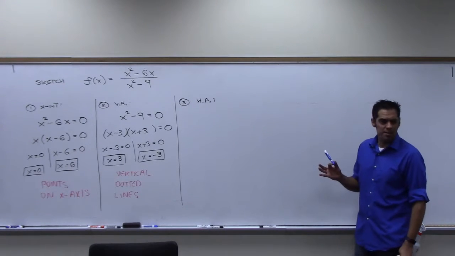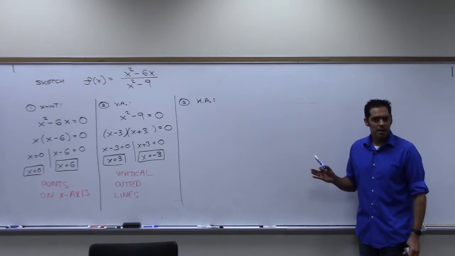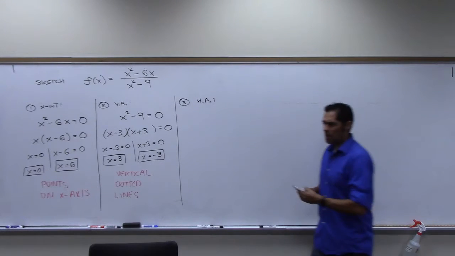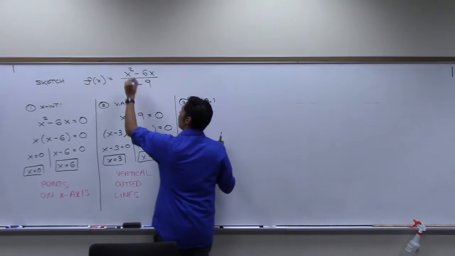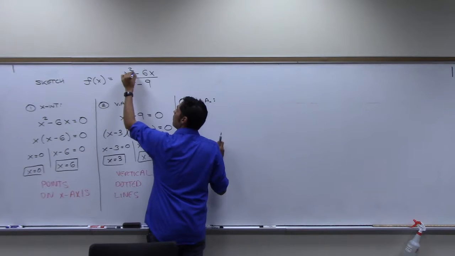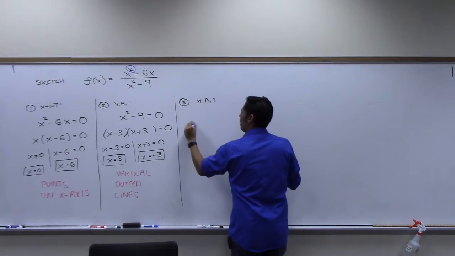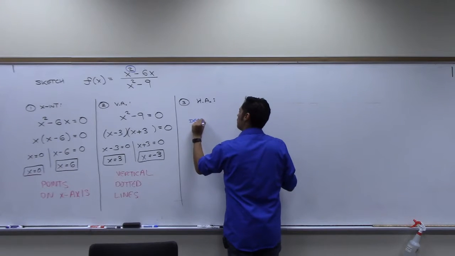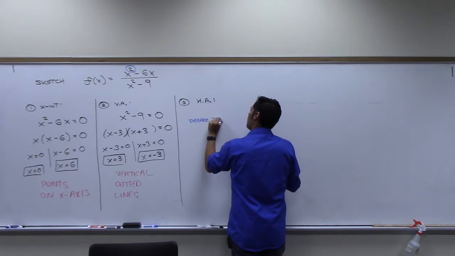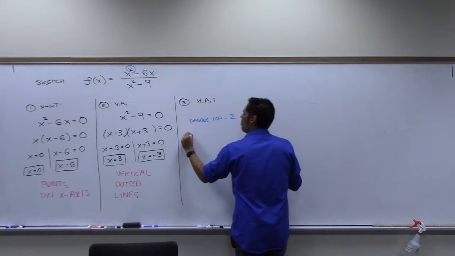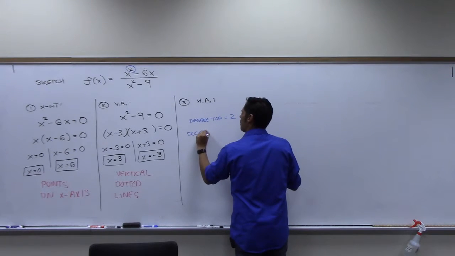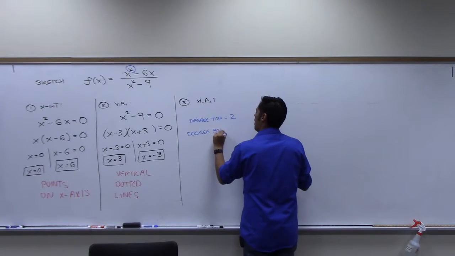There were 3 cases, case A, B, and C. How do we determine? We compare their powers. So what is the degree of the numerator? The degree of the top is 2, right? So I can say it this way. The degree of the top is 2. What's the degree of the bottom? Same thing, right?